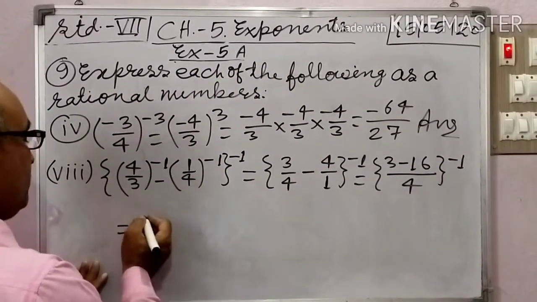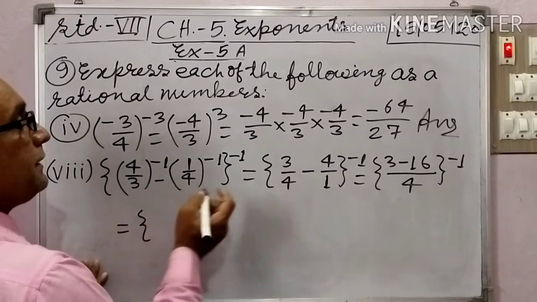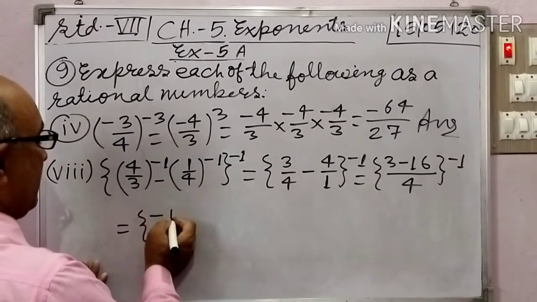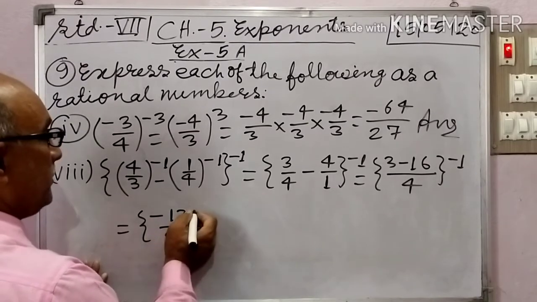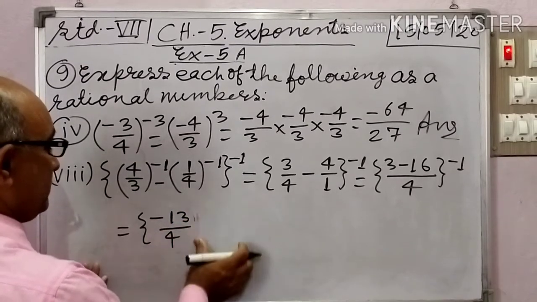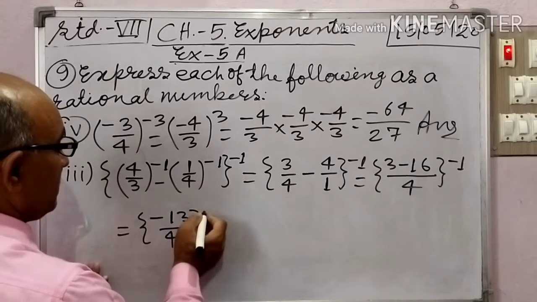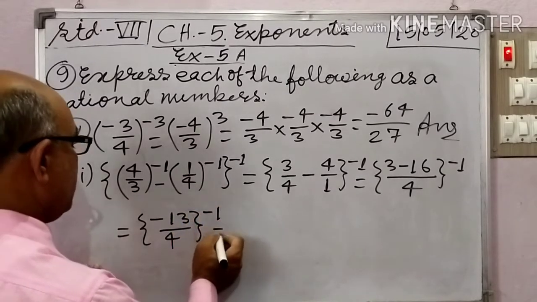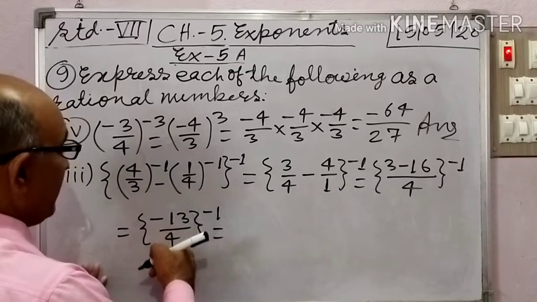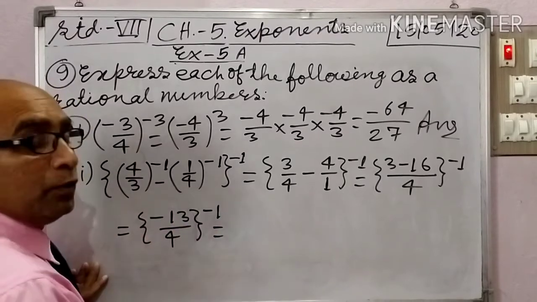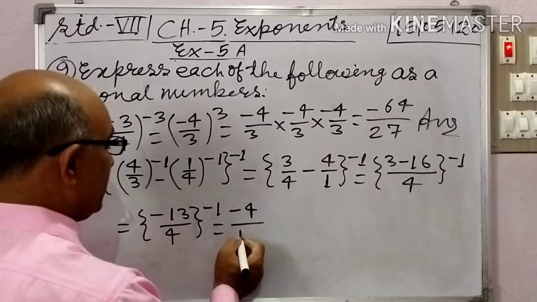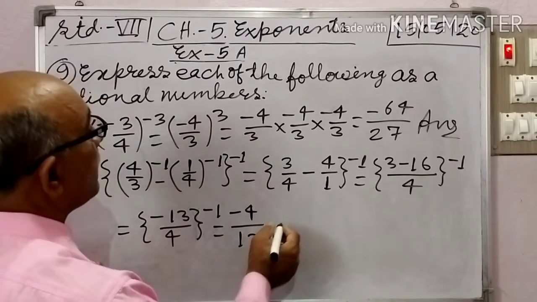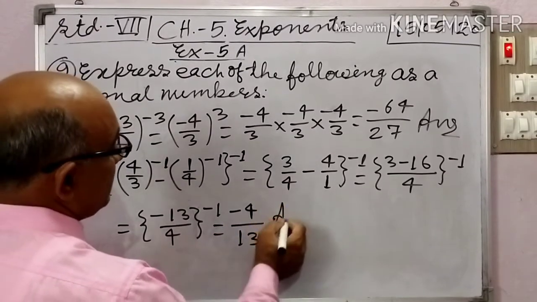Equal to 3 minus 16, minus 13 by 4 to the power minus 1. A by b to the power minus 1 equal to b by a. So minus 4 by 13. Answer.